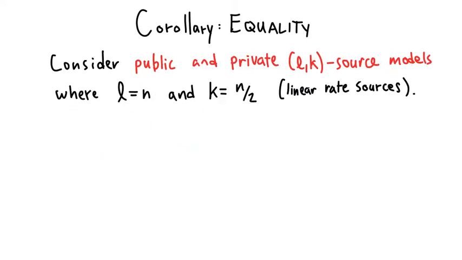To look a little closer, let's return to our example from the beginning, the equality function, and consider models where L is equal to n and k equals n over 2. So we have a ton of entropy available to Alice and Bob in both the public and private settings.